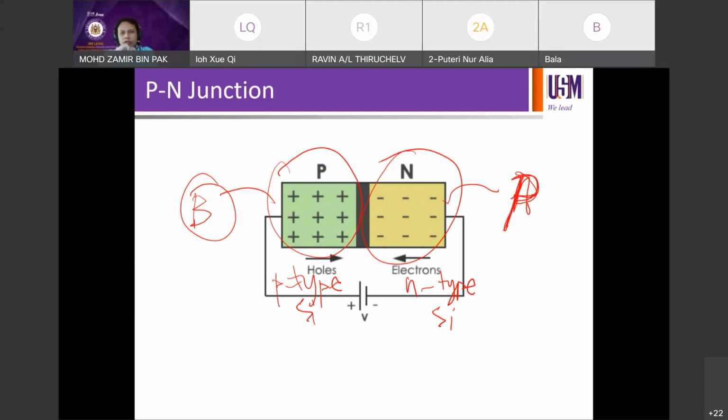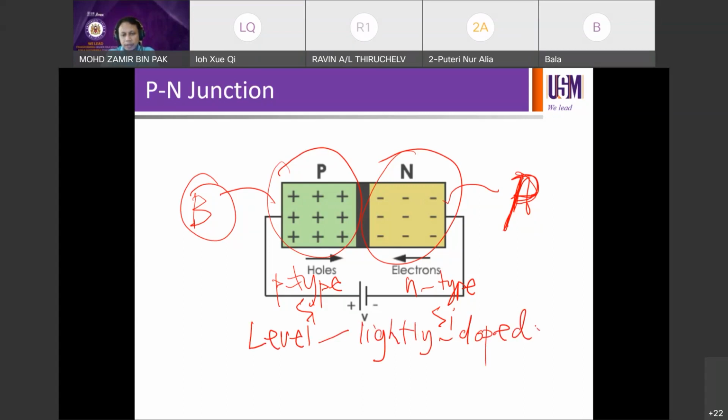When you say you dope your material to p-type or n-type, the level of doping can really vary. You can lightly dope your silicon.